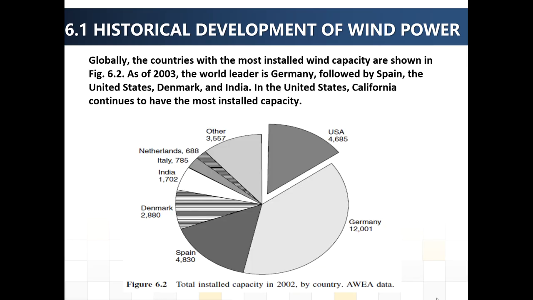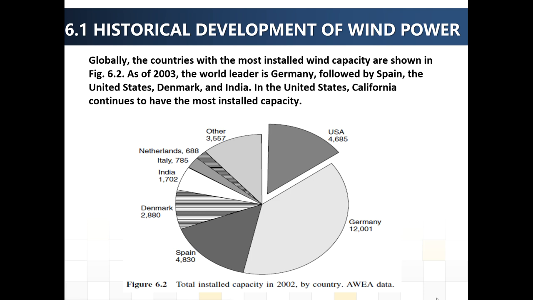Globally, the countries with the most installed wind capacity are shown in Figure 6.2. As we can see, Germany has the largest wind capacity, followed by Spain, and then the United States, Denmark, and India.